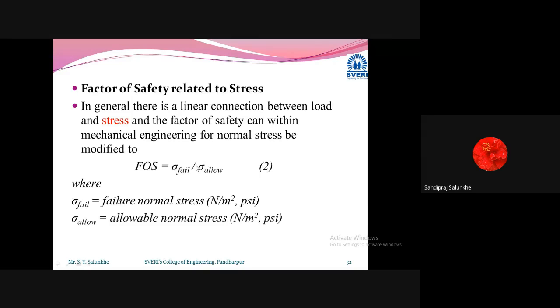It means that already we have taken an example. This sigma allowed is nothing but your 1000 rupees which are required to be spent when you are going for the visit. And this sigma fail is nothing but the amount of money which you are going to put in your pocket, and that you are going to consider as 1500 rupees.